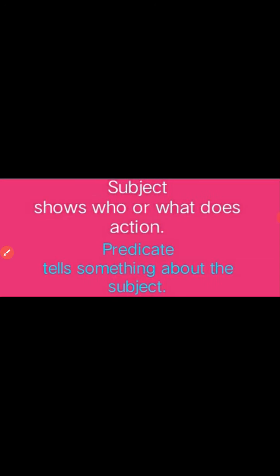Next we discuss the definitions of subject and predicate, and later on some examples. I hope you all are clear with the concepts of subject and predicate. I hope you all will understand the given information, the definitions, the provided examples, and the concept of subject, predicate, and especially a noun phrase.